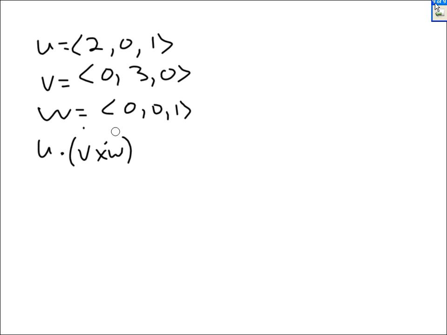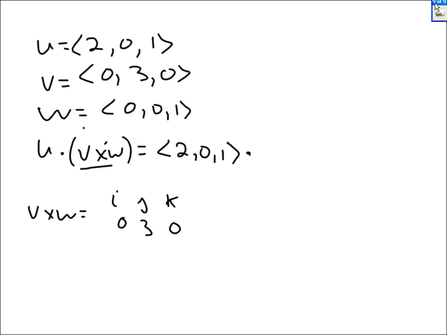Okay. So we need to do u dotted with v cross w. So let's find v cross w. i, j, k, v is 0, 3, 0. w is 0, 0, 1.